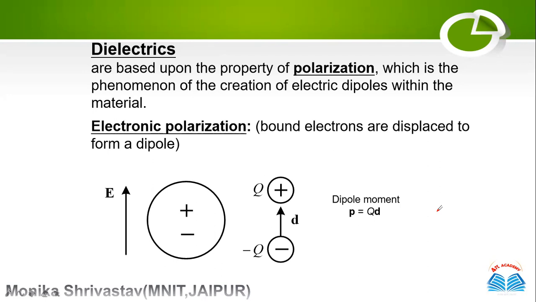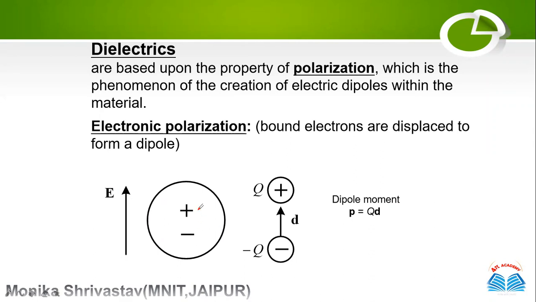So how does electronic polarization happen? Electronic polarization means bound electrons are displaced to form a dipole. How will this phenomenon take place? Just see here. This is an atom, and we are putting this atom in the electric field. The volume density of this atom will be detached into two parts, and a cloud will form.